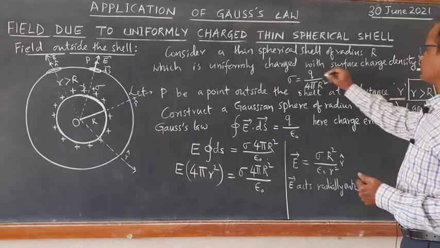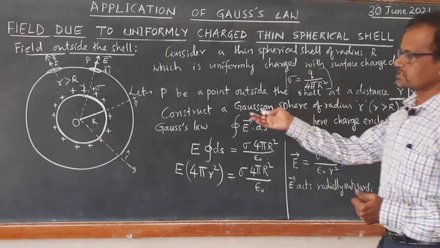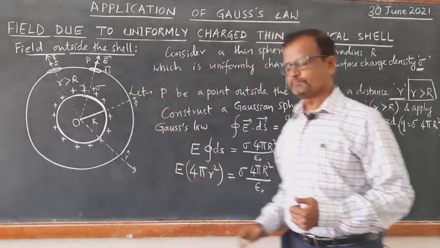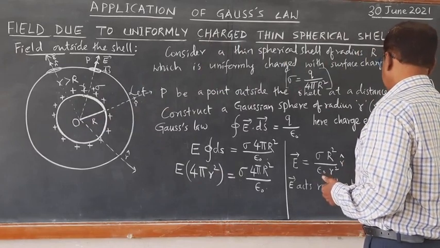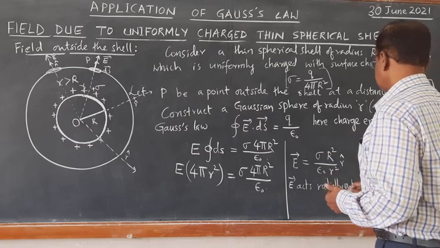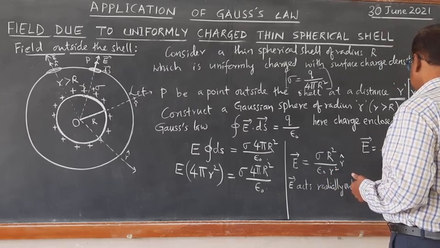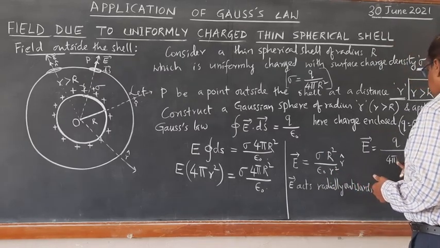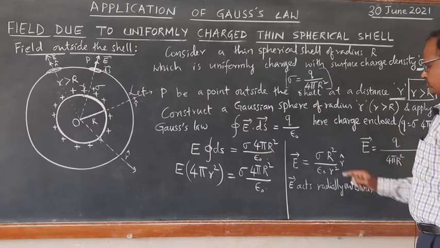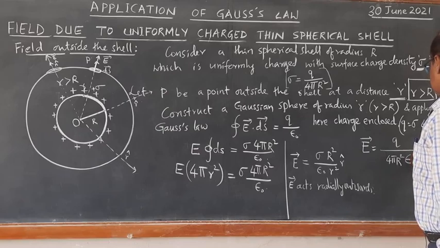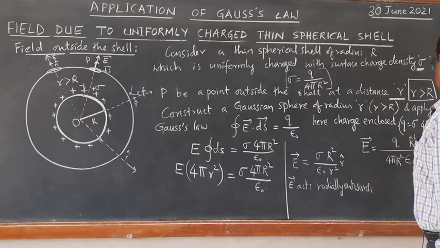Now if you substitute the value of sigma here, we get a very interesting equation. We know that sigma is equal to q upon 4 pi capital R square, where q is the total charge on the spherical shell. Substituting this, E becomes q upon 4 pi capital R square, times capital R square, divided by epsilon naught small r square, into r cap.